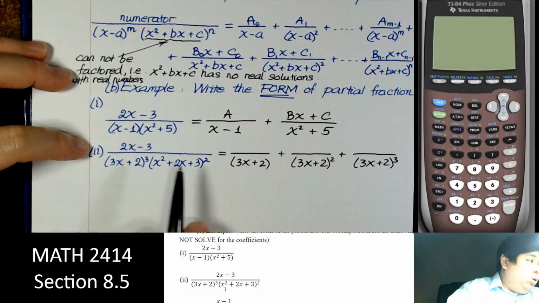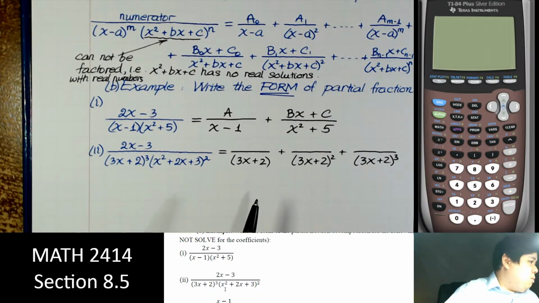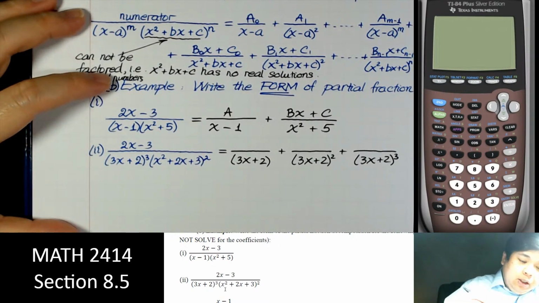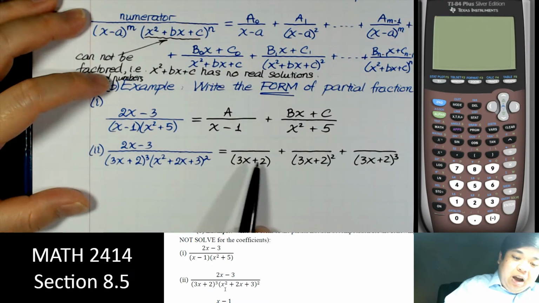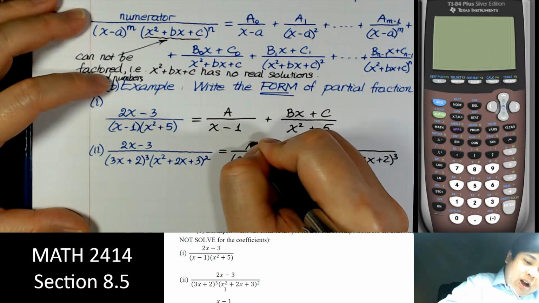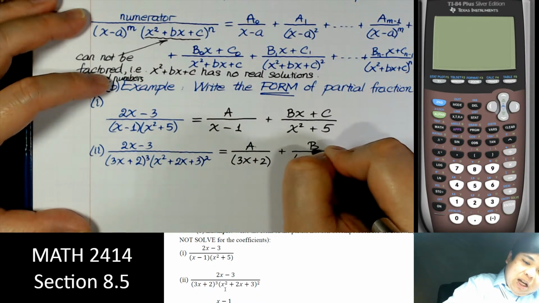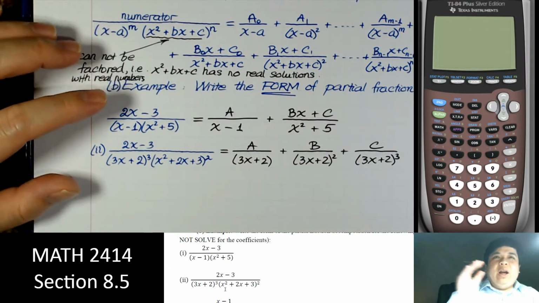Because of the 3, we need 3 factors like that. It is a linear factor, so the top will be just a constant. I use different letters instead of A1, A2, A3.